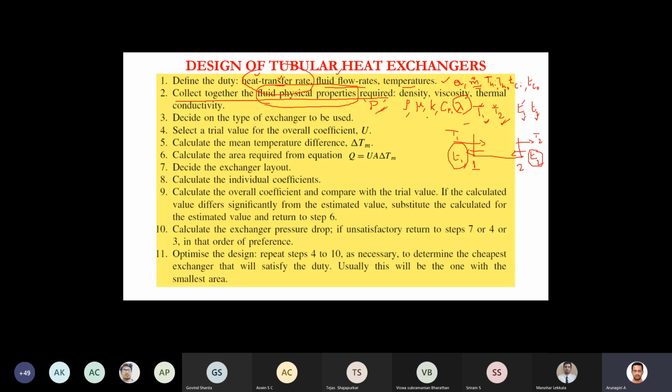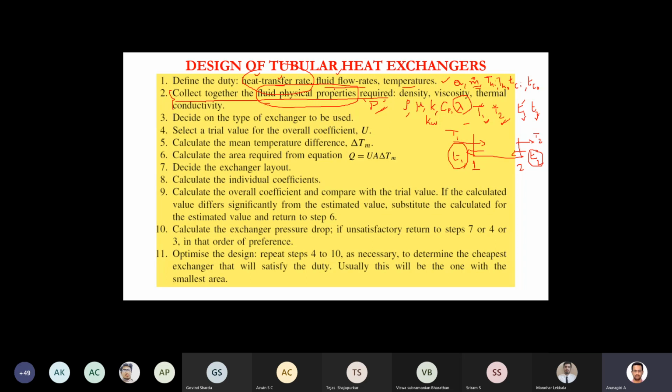Then you should know the thermal conductivity of the metal wall, Kw, if it is a shell and tube heat exchanger. So these are all the properties required. Once this data is collected, it will be used in a later stage.